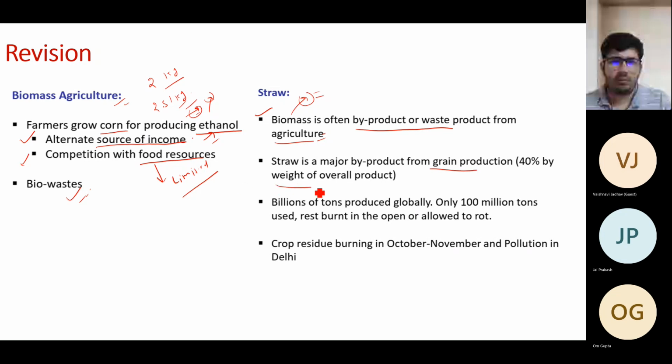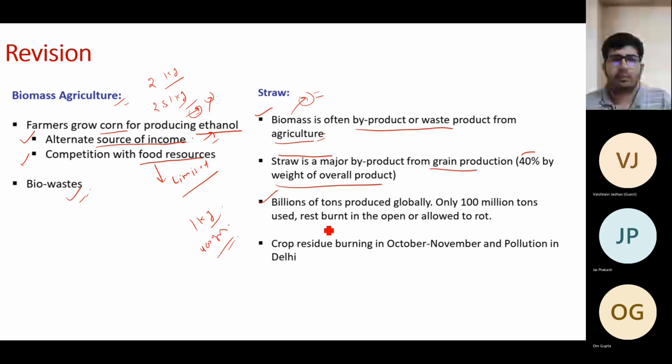So if you have 1 kg of grain production, you get 400 grams of straw.